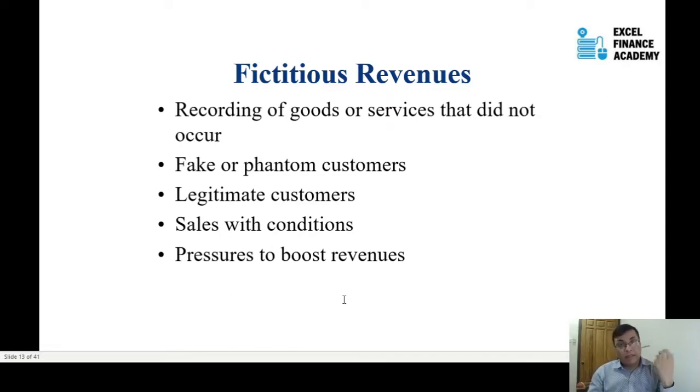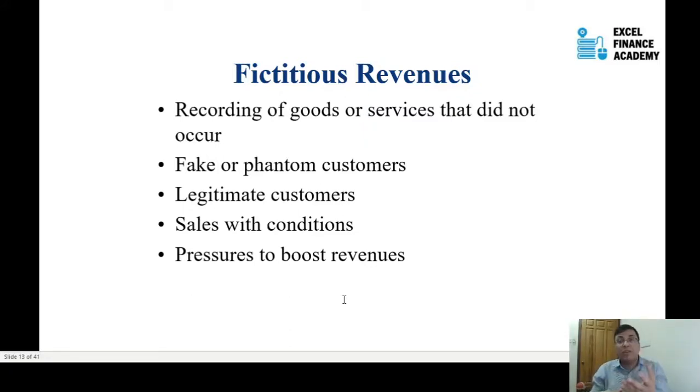So the way to do fictitious sales is, maybe you have recorded a fictitious invoice, or maybe you have prepared the invoice but you have not sent it to the customer, or the goods have not been delivered, or there is a fake purchase order coming from the purchaser.